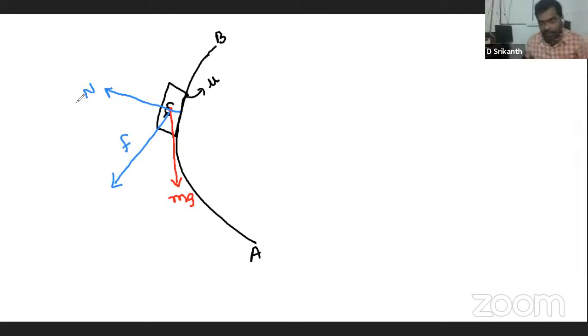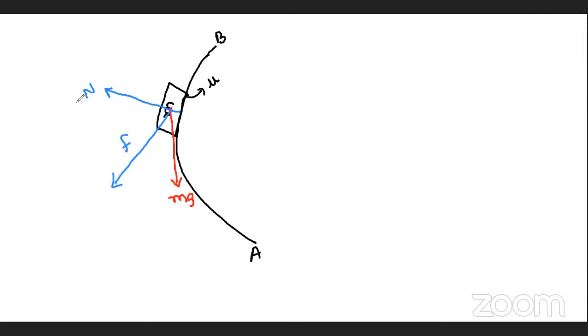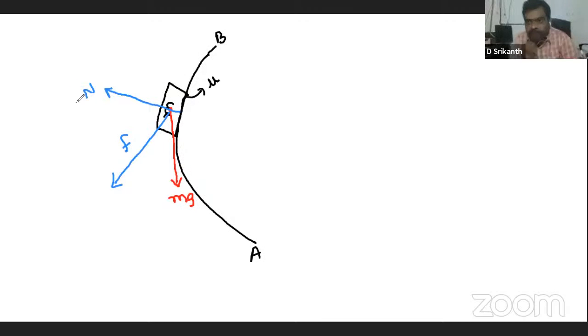Firstly, the object is moving towards B, so the motion of the block is from A to B, parallel to the curved surface. So frictional force will be opposite to the motion of the object.